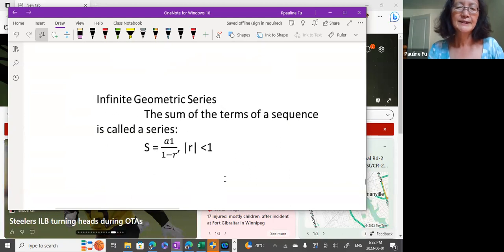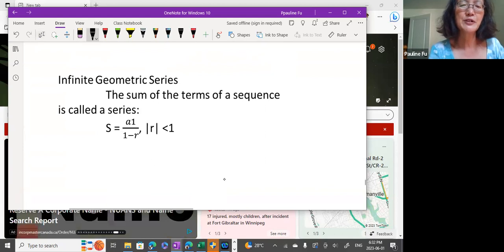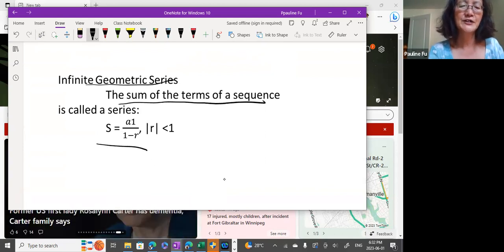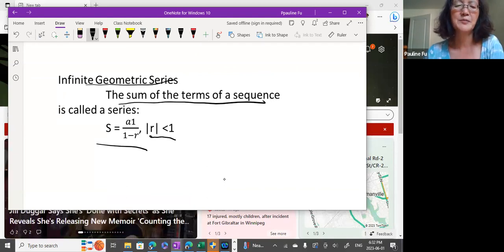In an infinite geometric series, the sum of the terms is just the first item a1 over 1 minus r, where the absolute value of r is smaller than 1.